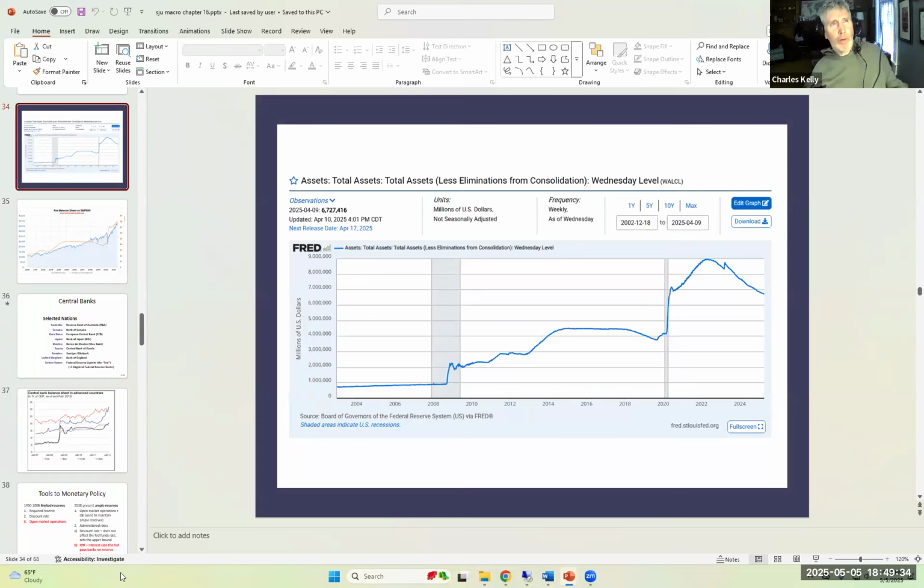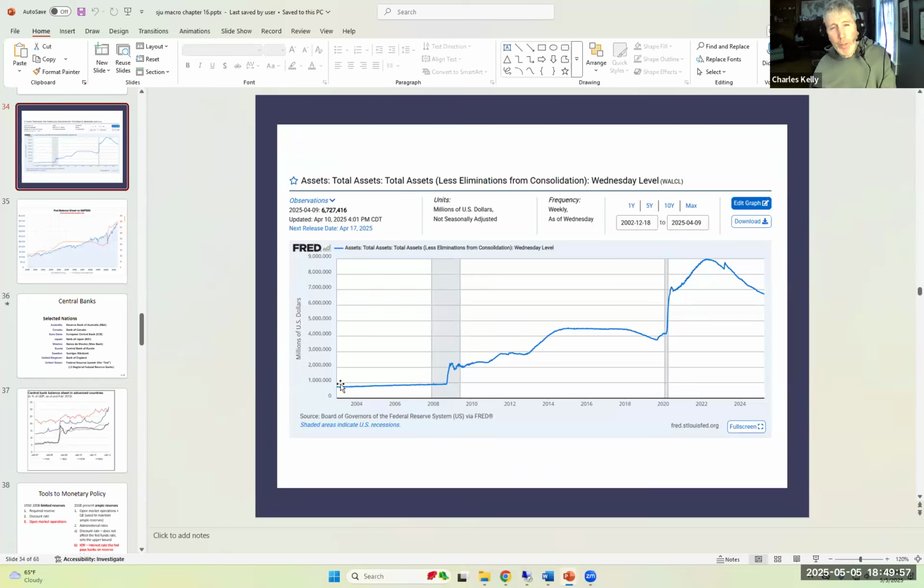So here's a chart of the Fed's balance sheet before and after the Great Recession. Just look at this period from 2003 through 2009. You can notice that the size of the Fed's balance sheet didn't change much.